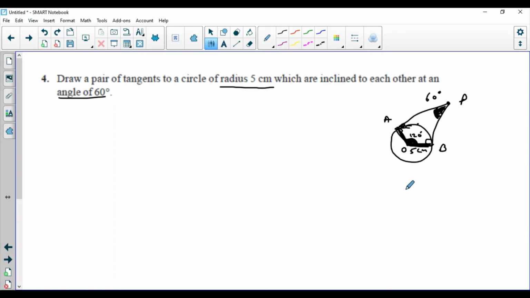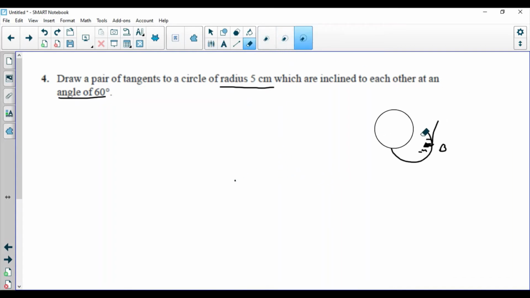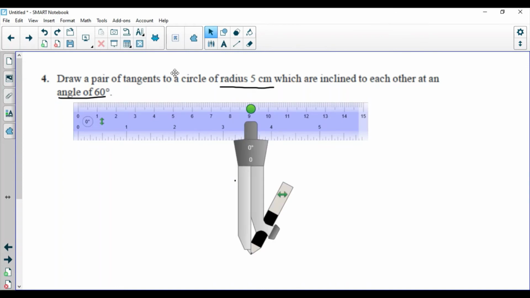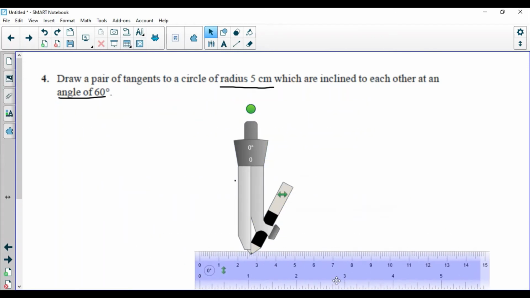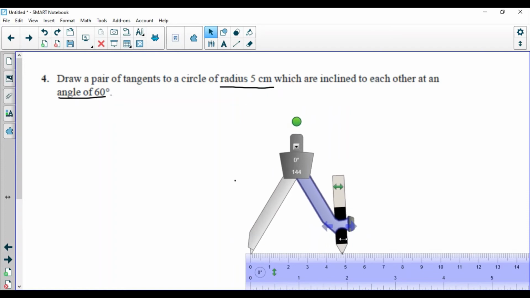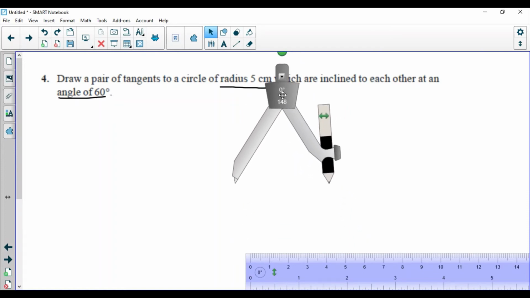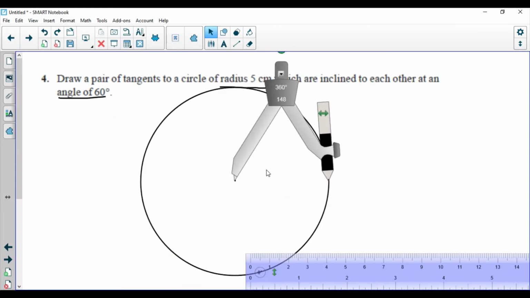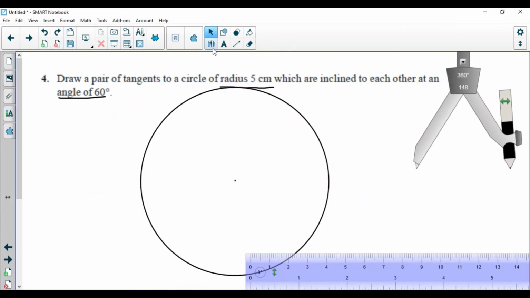So first step will be take any point and draw 5 centimeter radius. Okay, this is 5 centimeter radius.